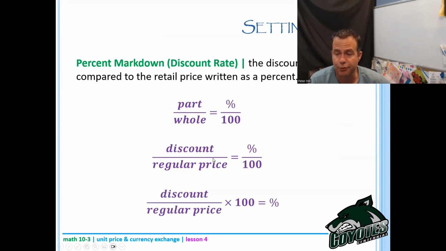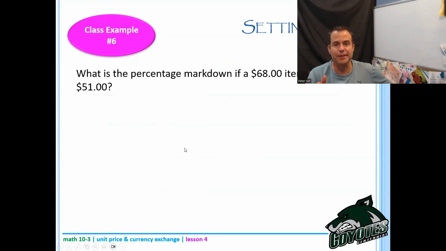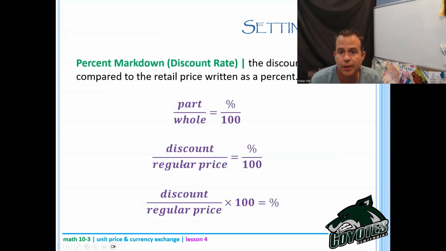All right, are you ready to try one? We got this. Okay, class example number 6. What is the percentage markdown if a $68 item sells for 51? So 68 is our original price, right? Remember, it's the discount over the regular price.